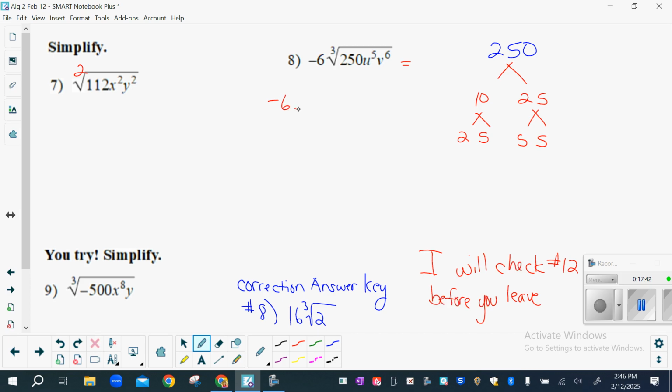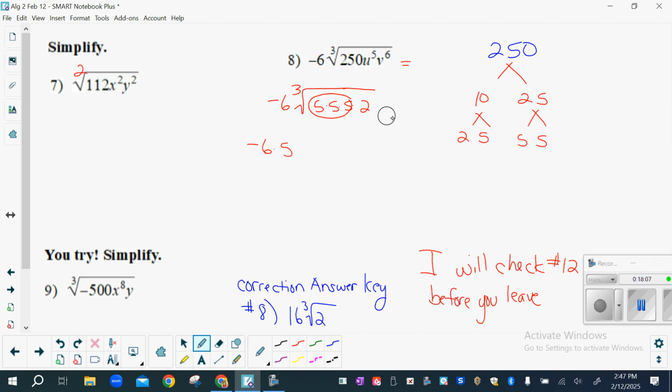So this is -6, cube root, 3 5's, and a 2. So we're looking at groups of what? How many in a group? 3. Yes, because it's a cube root. Good. So now we're going to take that 5, bring it to the outside, -6 times 5.